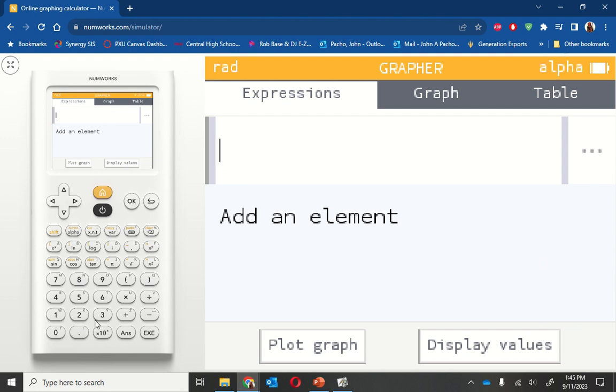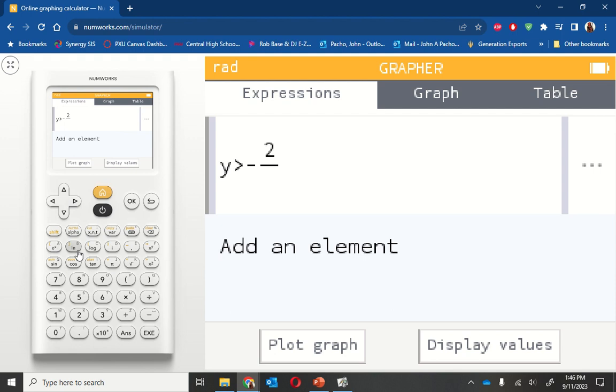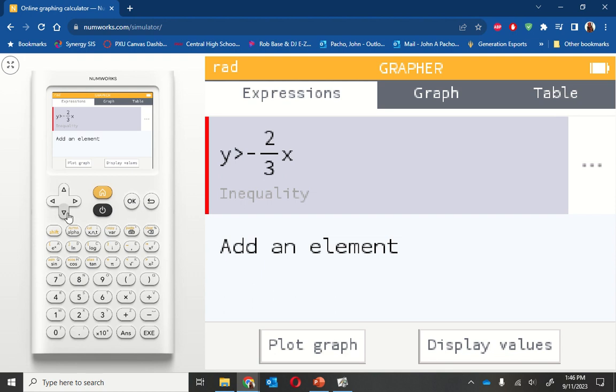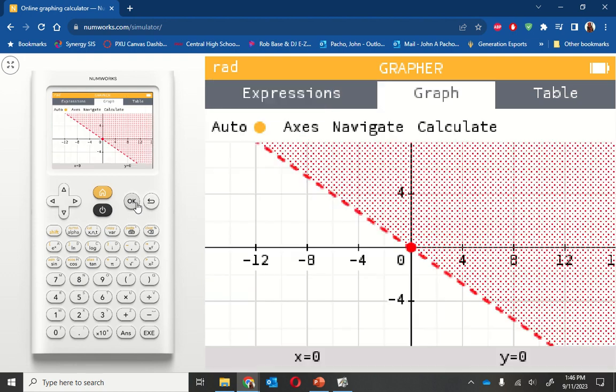Y greater than, so it's shift x squared, negative 2 over 3 x. Okay. Plot graph. There we go. And I'm going to find some points. I got 0, 0 here. And let me see if I can find another one.